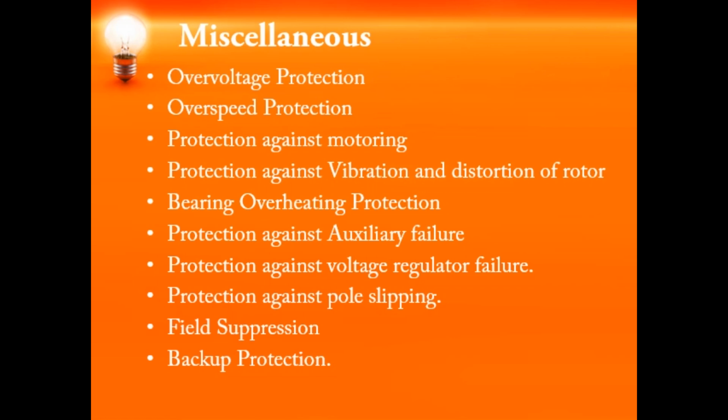An emergency centrifugal overspeed device will also be there in order to trip the emergency steam valves when the speed exceeds 110%. There are several other electrical faults which also cause overspeeding of the generator, and hence the HV circuit breakers, field circuit breakers and the steam turbine valves will be tripped simultaneously.